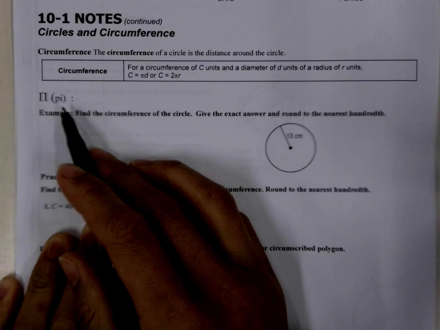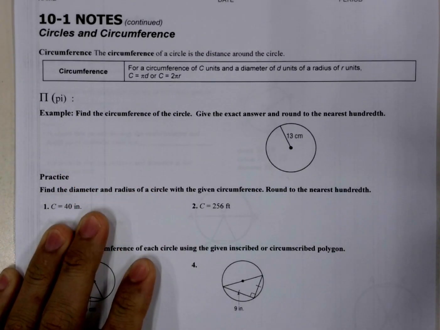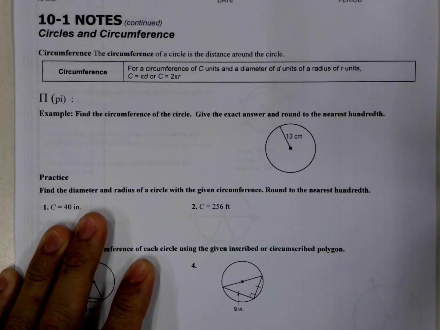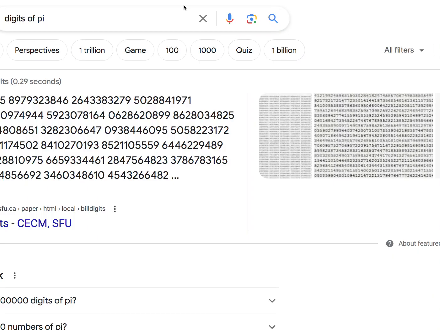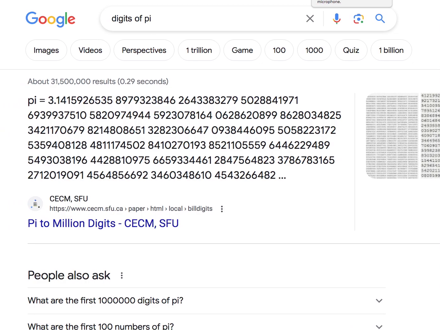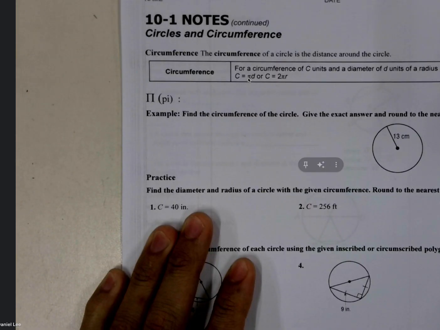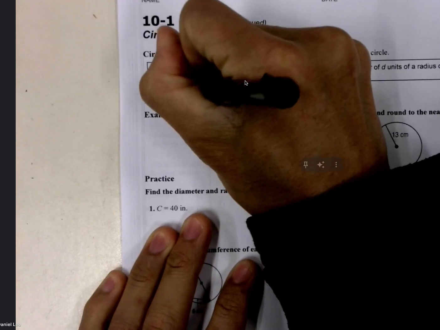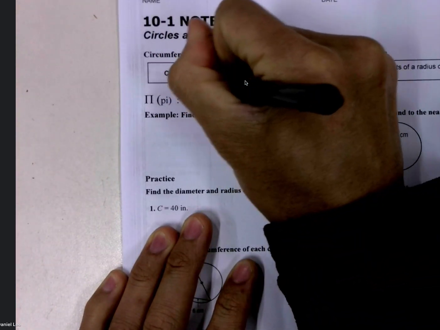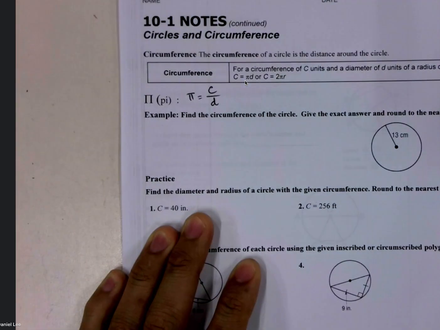So what is pi? Well, pi is an irrational number. You may have heard of it, but if I come over here, you can see we have the digits of pi. And we find pi if we divide both sides of this equation by d. So we have pi is equal to circumference divided by diameter.